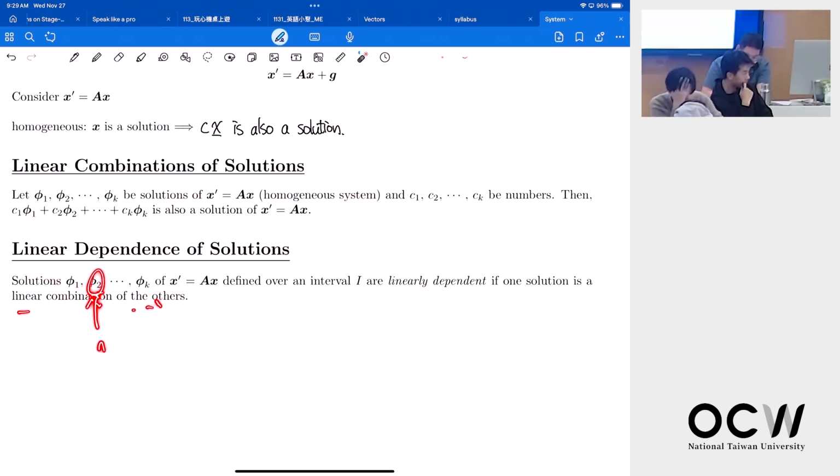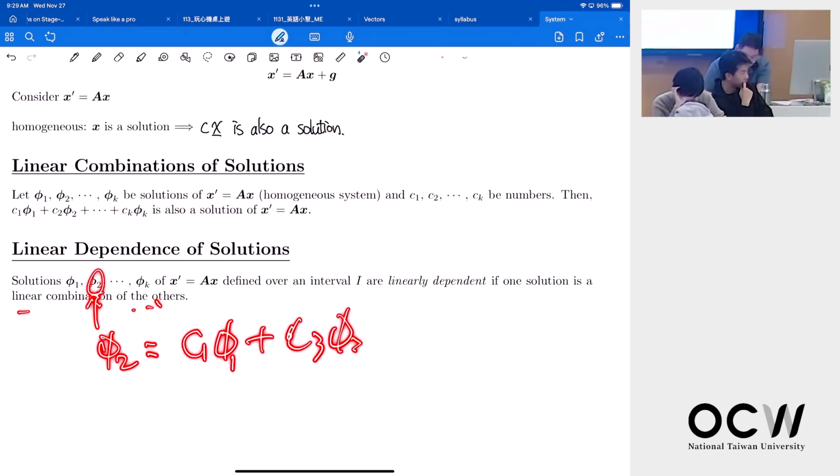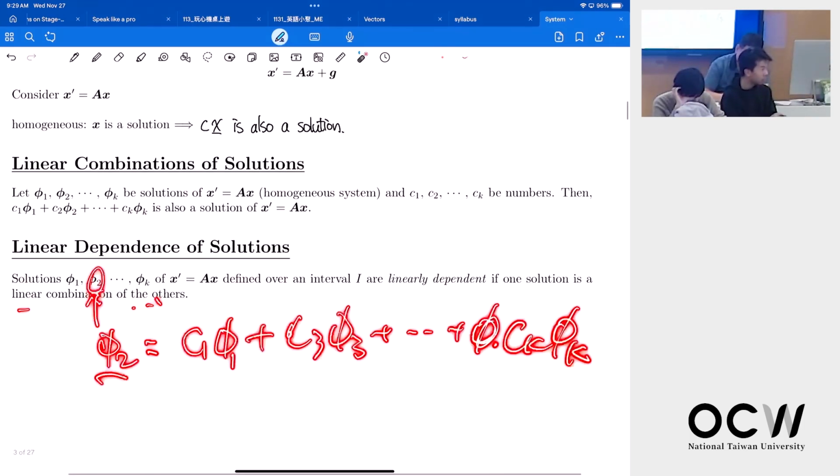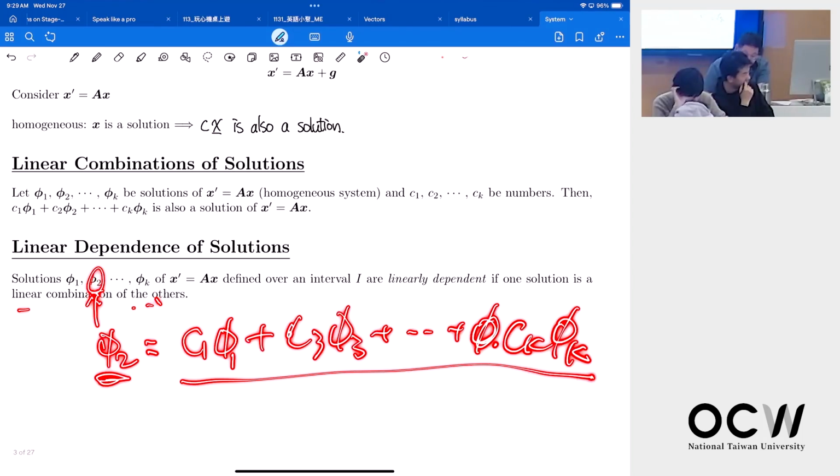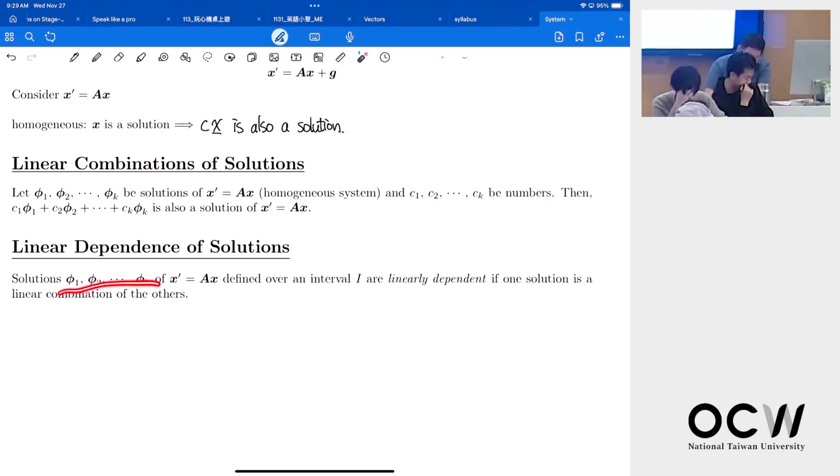I can write phi 2 equals c1 phi 1 plus c3 phi 3 up to ck phi k. So one solution can be expressed as a linear combination of the others, and then those solutions together are linearly dependent.